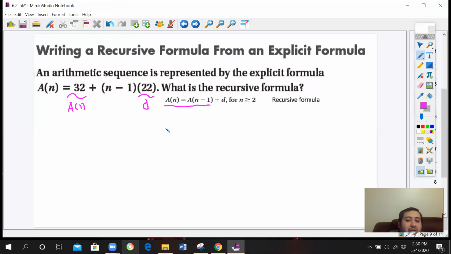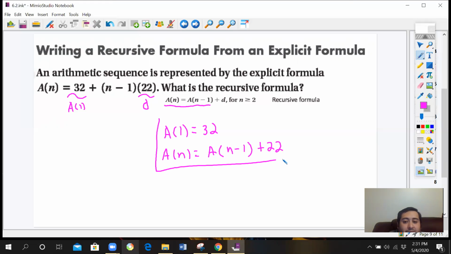So in this case, you're going to have your A1 equals 32, and your formula, your AN, again, all of this information will be the same. It's never going to change. And then the difference, since we have a positive 22, you put plus 22, and that's it.